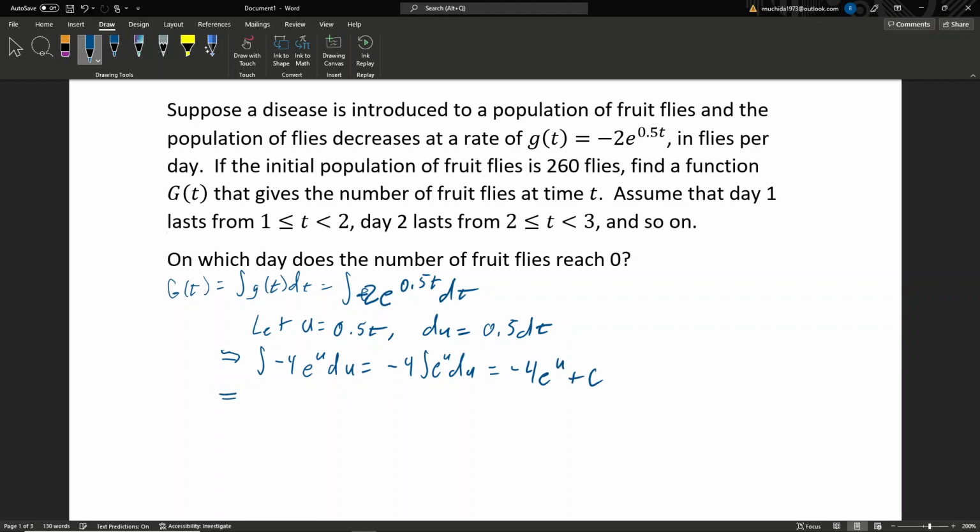And doing our back substitution, we get that g of t equals negative 4 e to the 0.5 t plus c.